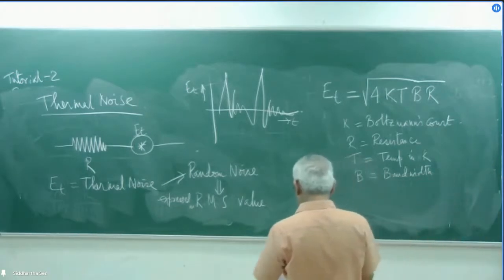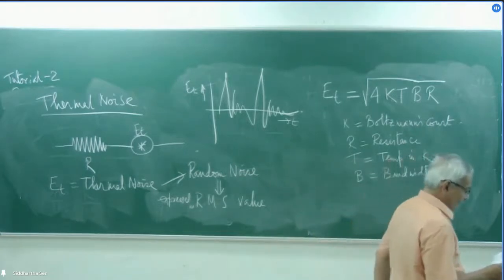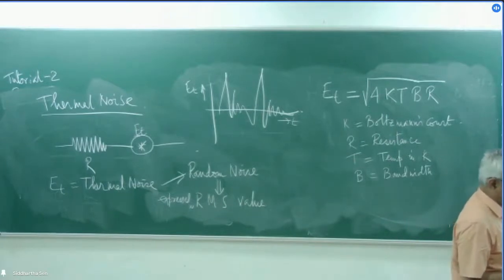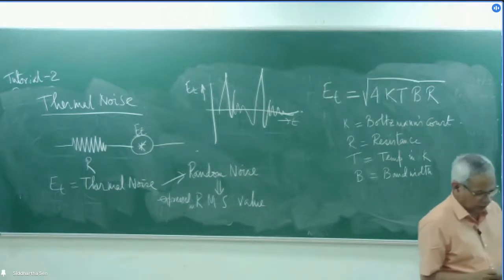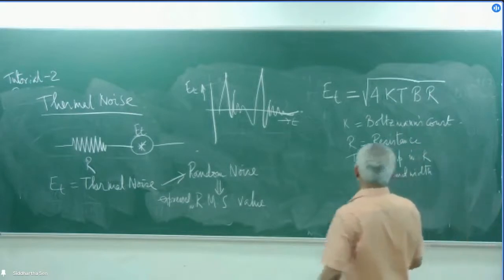So for this one, it was given that the thermal noise generated by a resistance is a random number, and its RMS value of the noise voltage is given by Et equal to this expression. Find the total value of the noise voltage generated when two 1 kilo ohm resistors, each at 30 degrees Celsius.